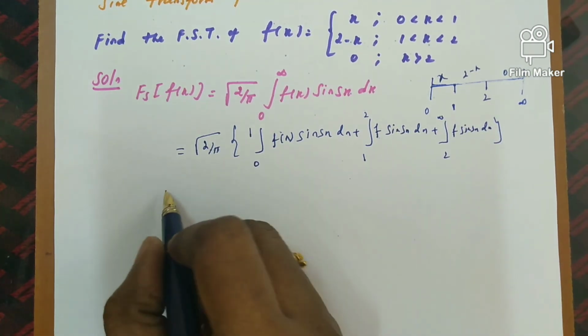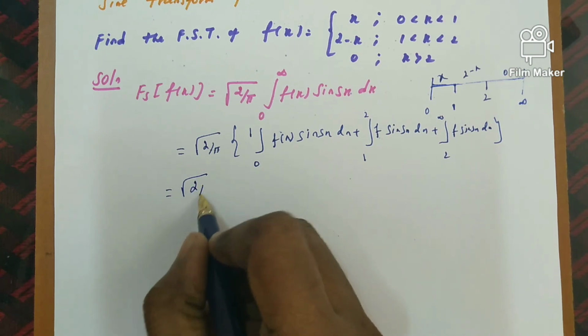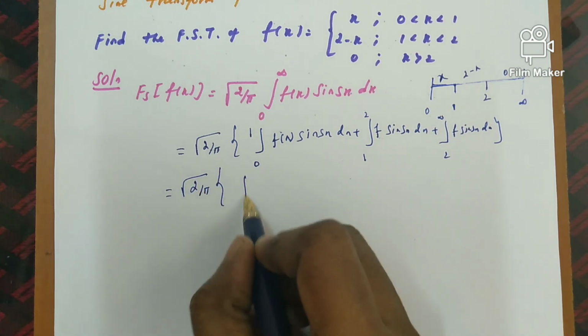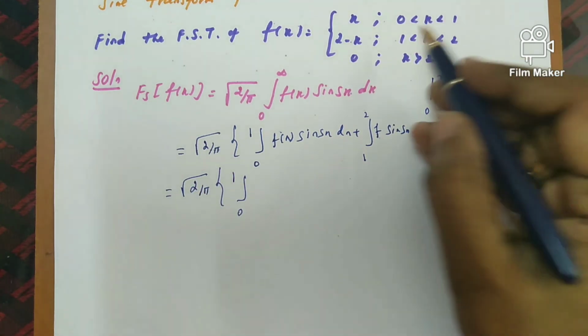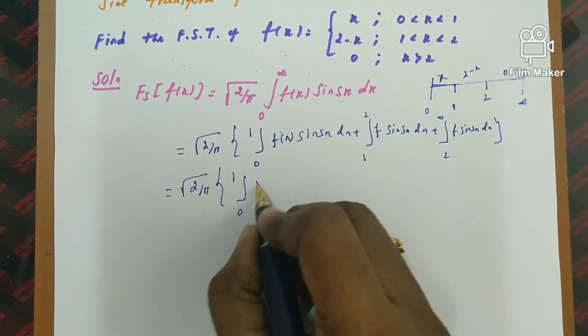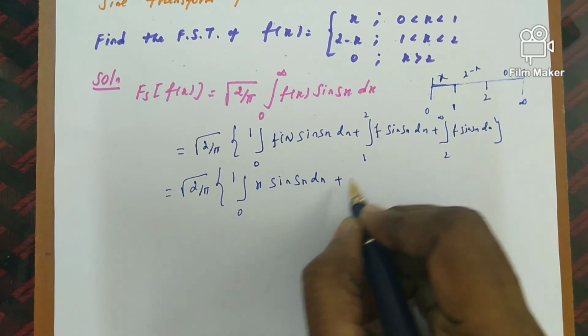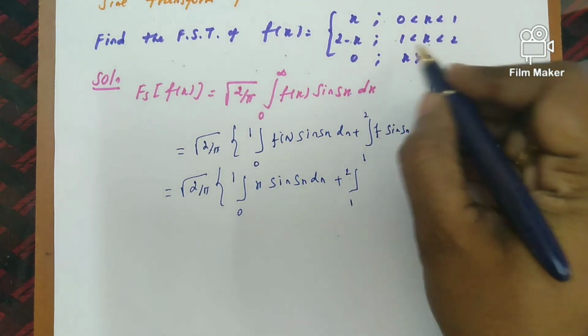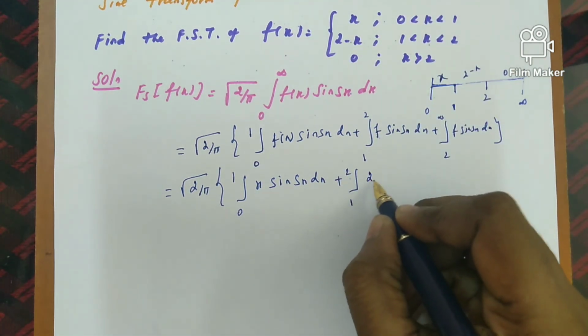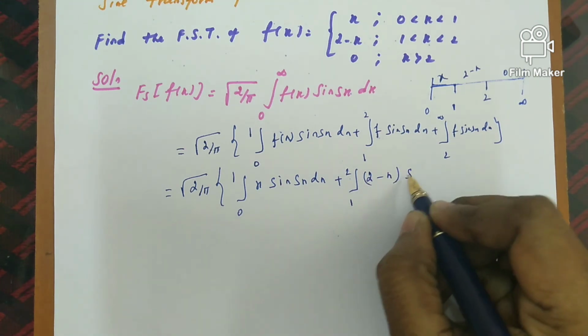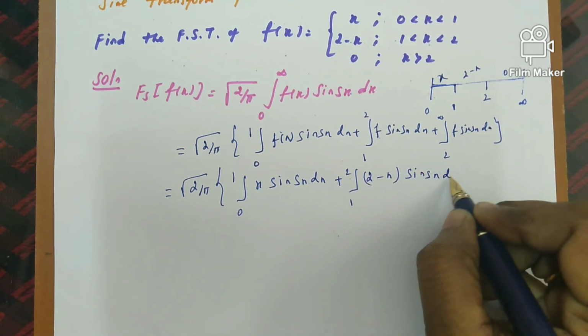Which is equal to root 2 by pi, integral 0 to 1. In 0 to 1 the function is x, so x sin sx dx plus 1 to 2. In 1 to 2 the function is 2 minus x, so 2 minus x into sin sx dx.